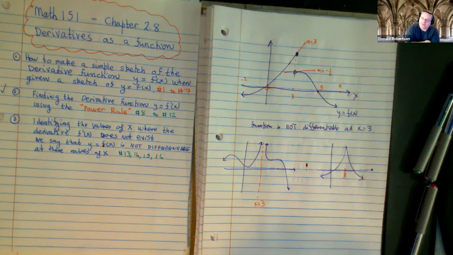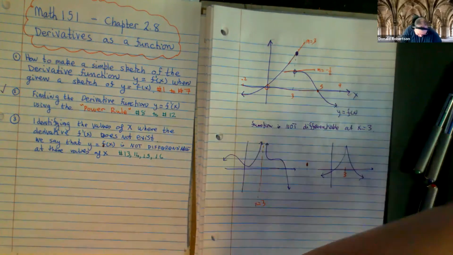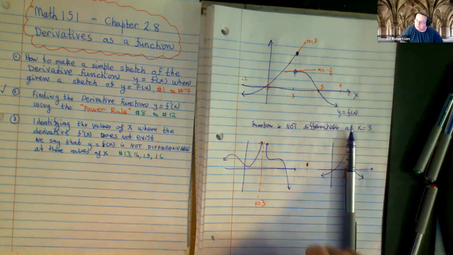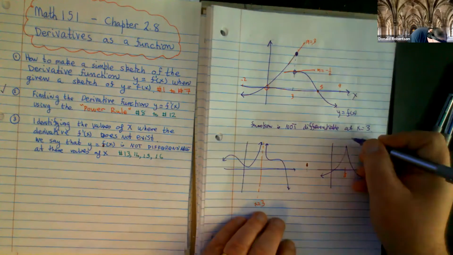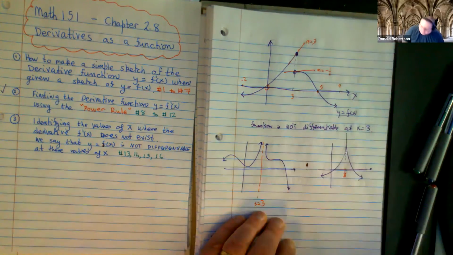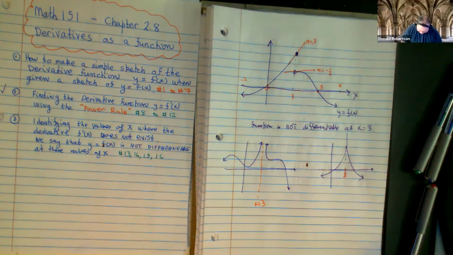Corners are problems. If I said to you, what is the slope of the tangent line? You might say that it's a vertical line. Right? Great. It could be vertical.